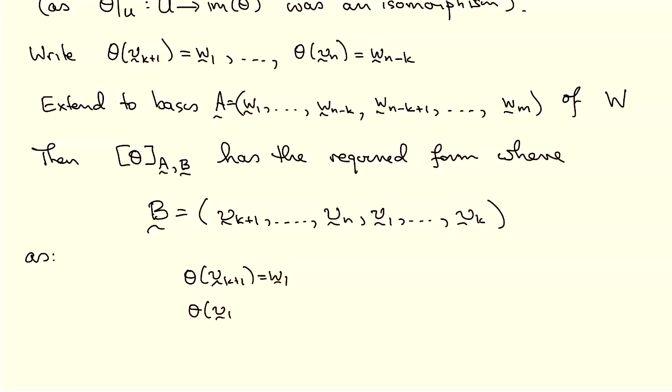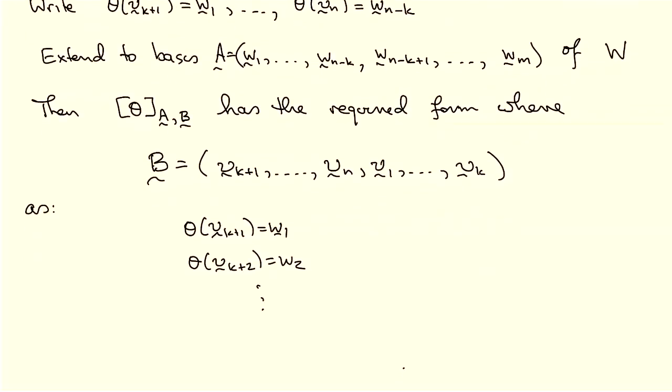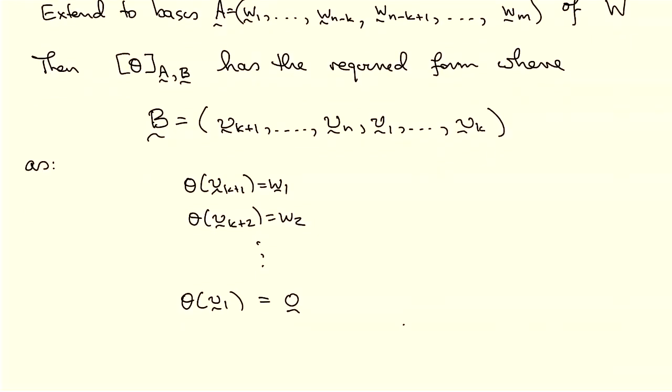Theta of Vk plus 2 is W2, etc. That says we're looking like the identity matrix there, because our first, second, third columns are given by these coefficients. But then when we get to theta of V1, that's in the kernel, so that's 0, and we're 0 evermore. So that says we're identity for the first bit, and then columns of zeros after that. Any questions about that?